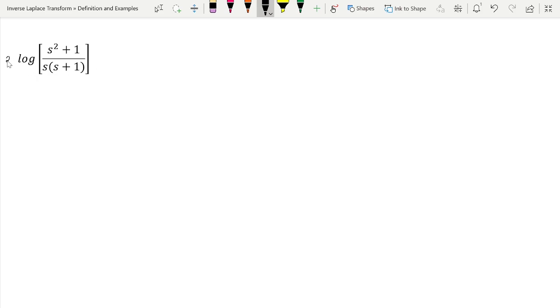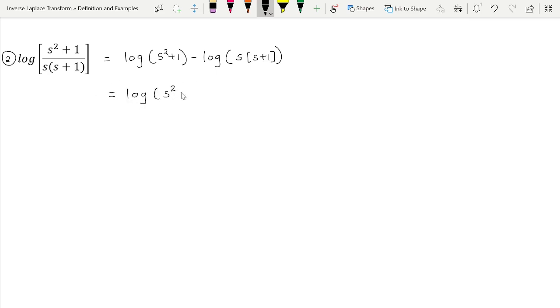The logic is the same, because this can be written as log of s square plus 1 minus log of s multiplied by s plus 1. Now again one more formula can be used here.